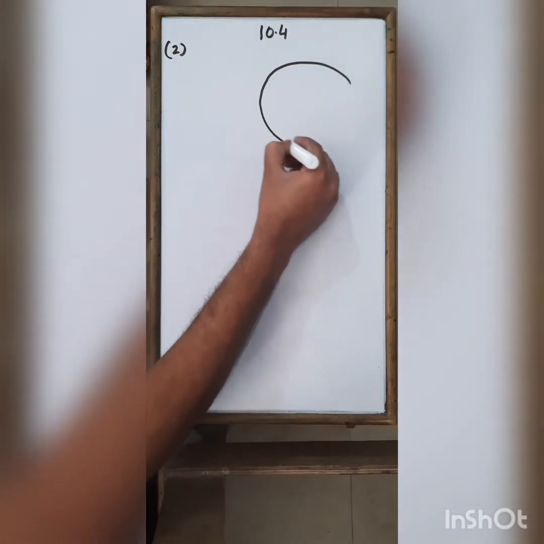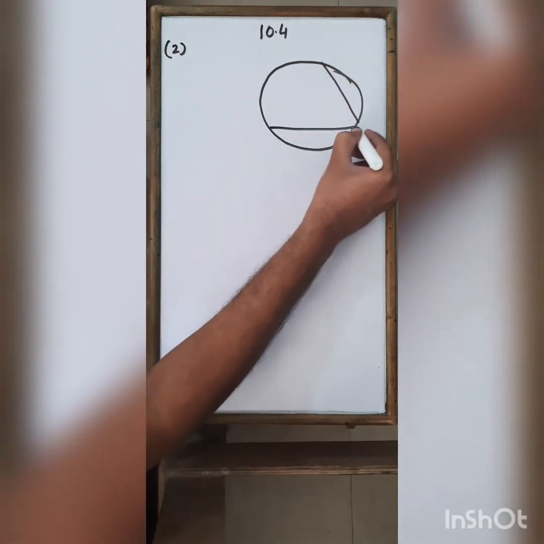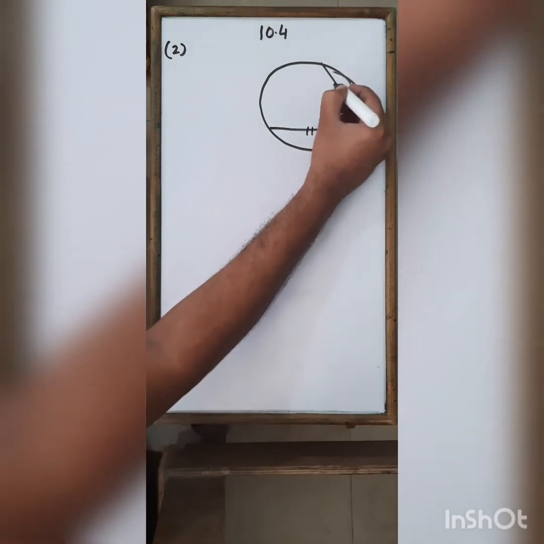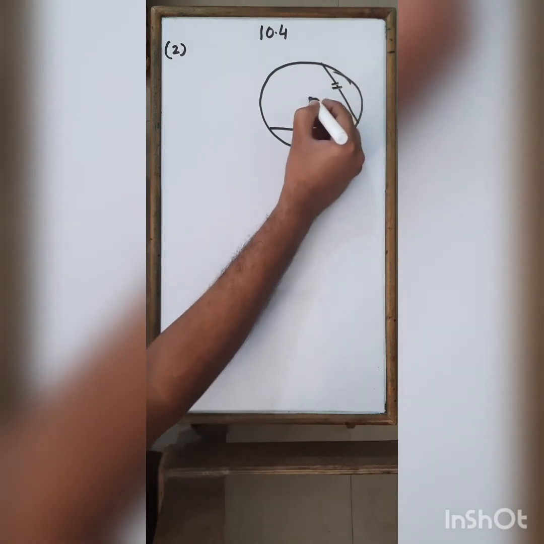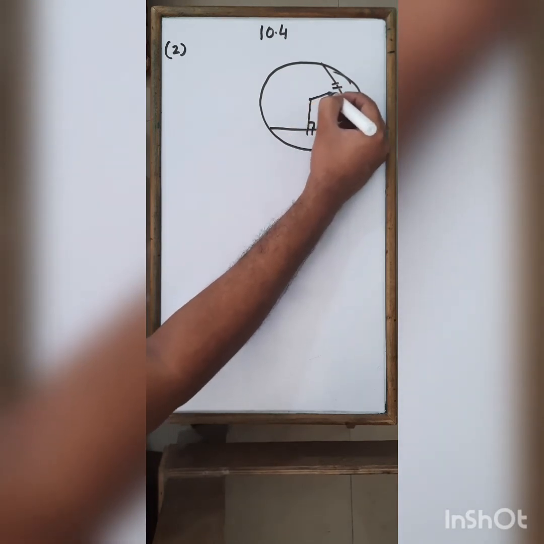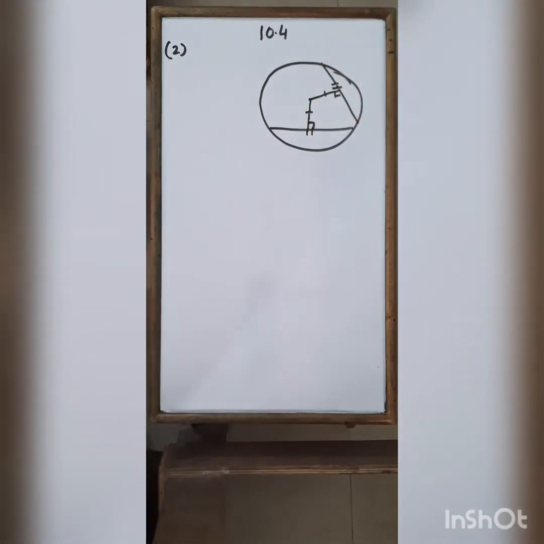In a circle, if two chords are of equal length, then if I draw perpendicular from the center on these chords, the distances will also be equal. This property is known as equal chords are equidistant from the center of the circle, and distance means altitude, 90 degrees. You have to remember this.